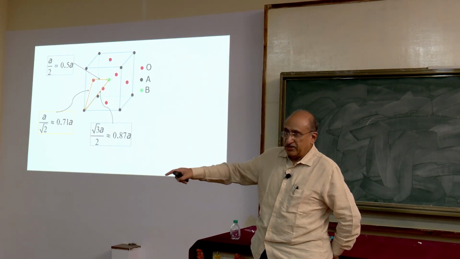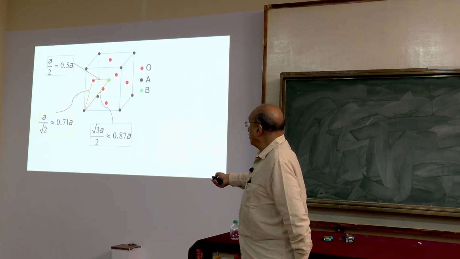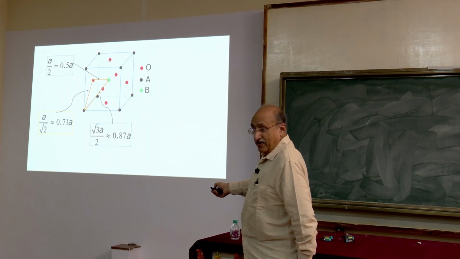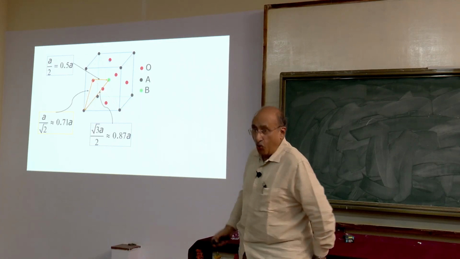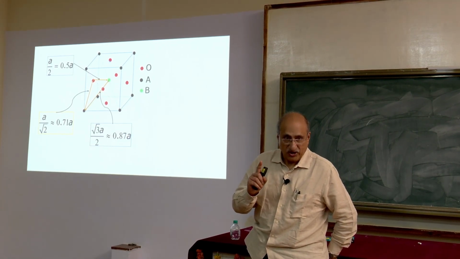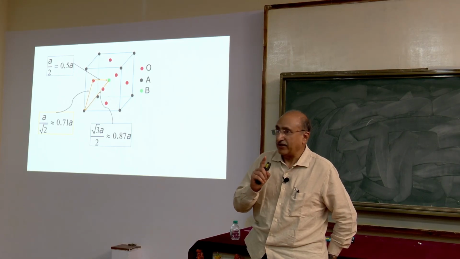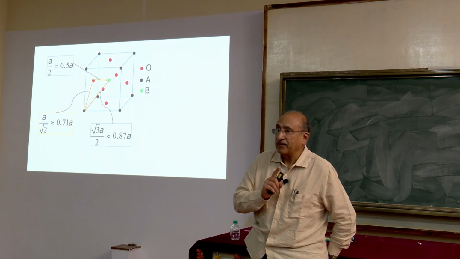You are in this particular room, you have one here and you have another. Of course, at this face center, you do not have an A ion, but you have a red ion which is O. So its neighbors are O, oxygen ions. Is it clear? Its neighbors are oxygen and its neighbors are not A. Nearest neighbors I am talking about.